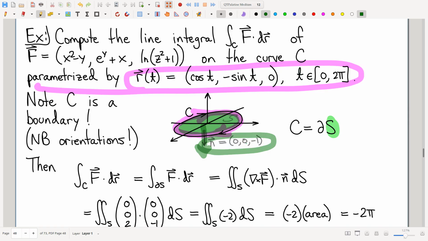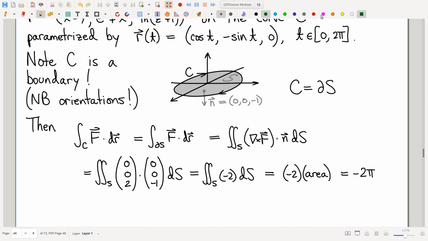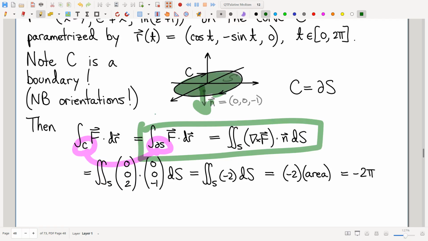How we doing? Everybody okay with that? All right. Okay, so it's kind of all over with the shouting at this point. Our curve, we notice that our curve is a boundary. It's the boundary of this region oriented like so, for which we write down the divergence theorem.